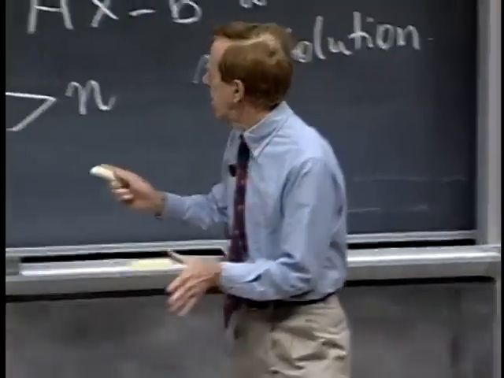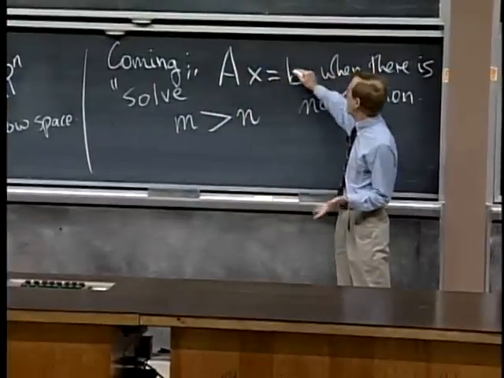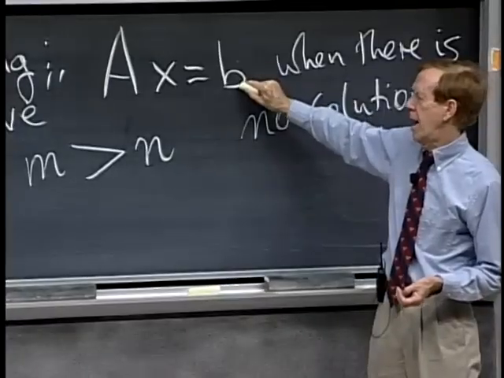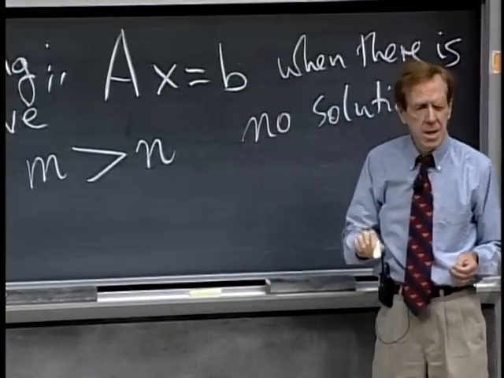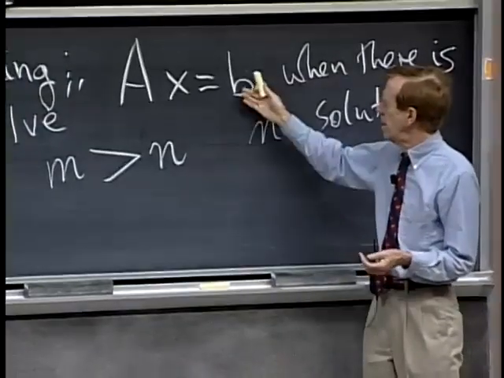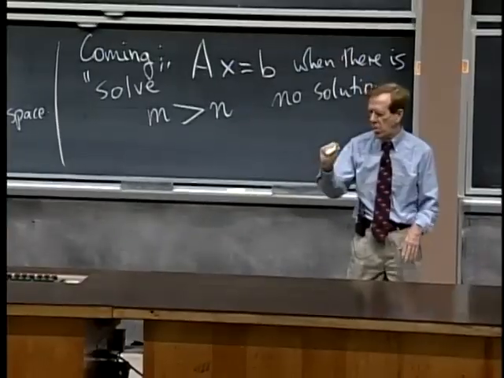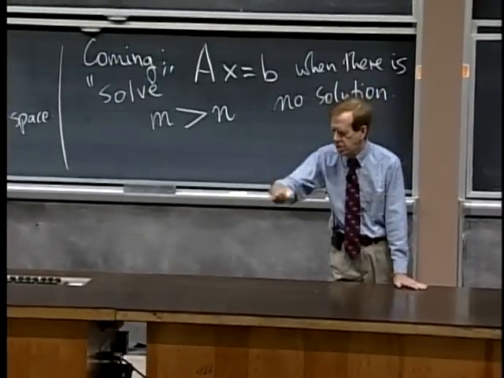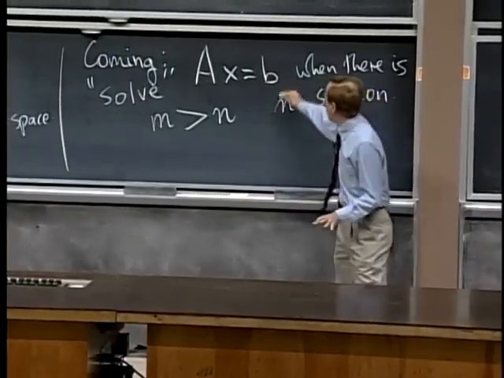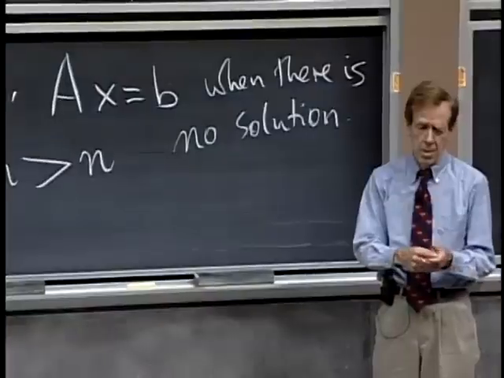So the problem is that in many, many problems, we've got too many equations, and they've got noise in the right-hand side. So Ax equals b, I can't expect to solve it exactly, because there's a measurement mistake in b, but there's information too.